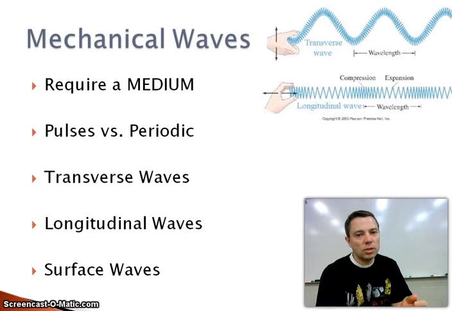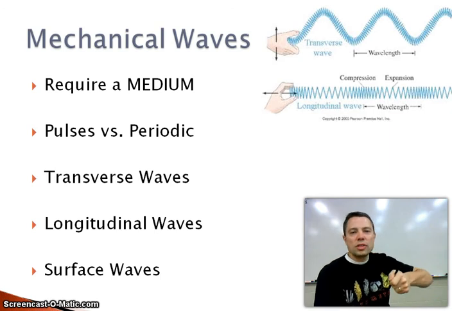Now, I'm going to be using some terminology here, and there's a lot more vocabulary when we talk about waves and wave motion. So when I look at a mechanical wave, I can talk from a sense of a pulse versus something that's periodic. A wave pulse is when I take, for instance, a slinky.